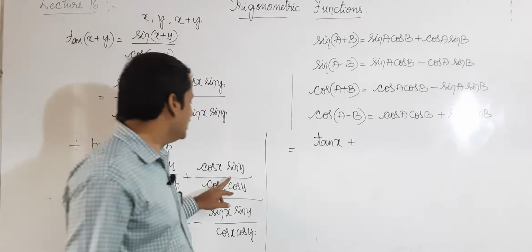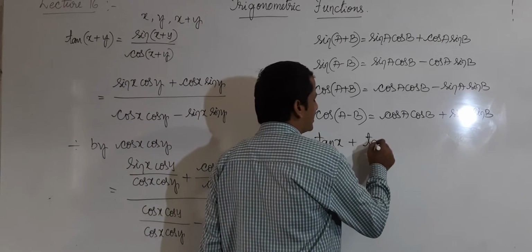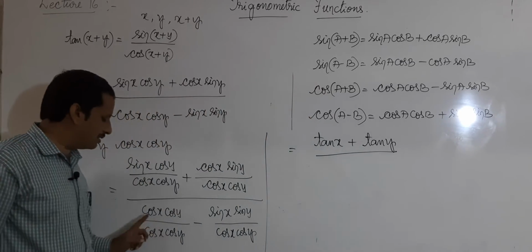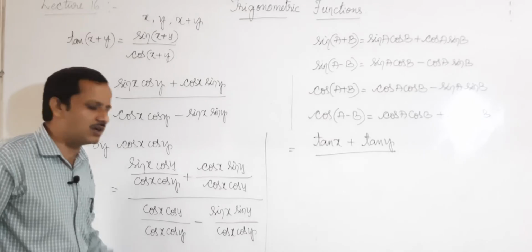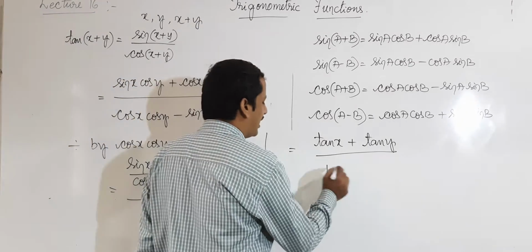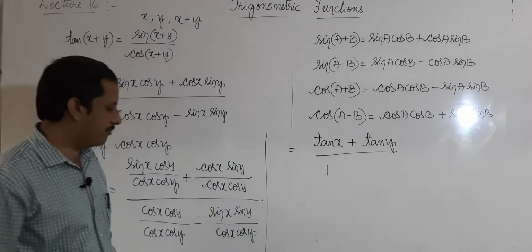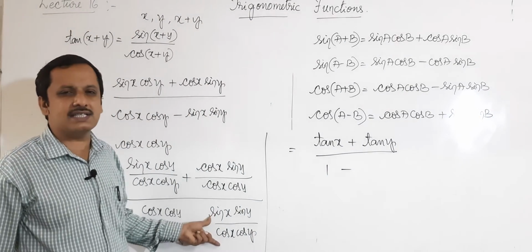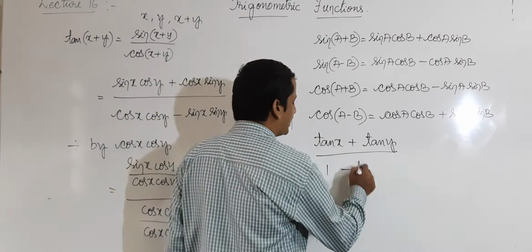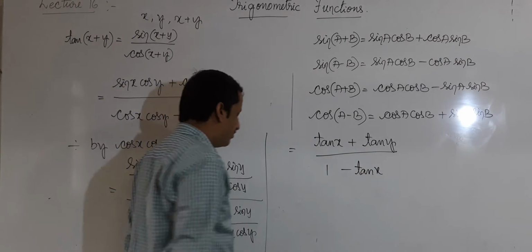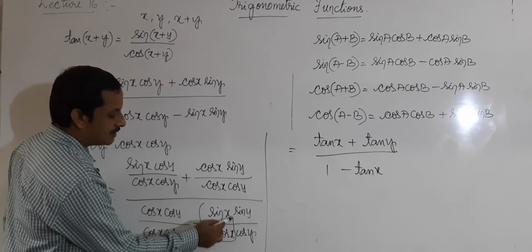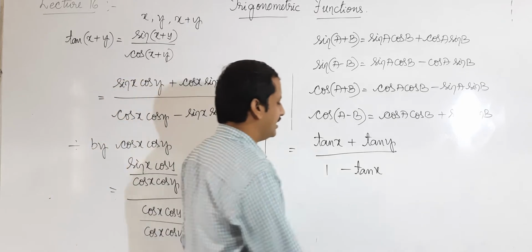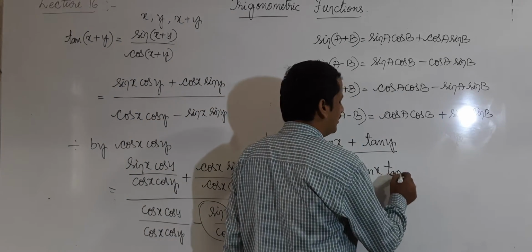Cos x gets cancelled. Sin y by cos y will remain, which is nothing but tan y, divided by, here both get cancelled, cos x gets cancelled, cos y also gets cancelled, so we have 1 there, minus, here neither of them gets cancelled, sin x by cos x becomes tan x, and sin y by cos y becomes tan y.